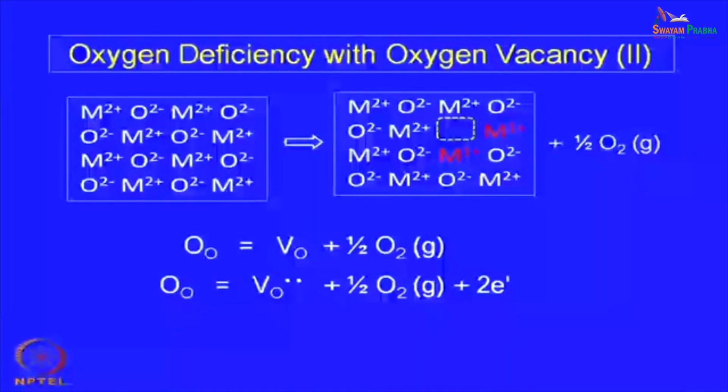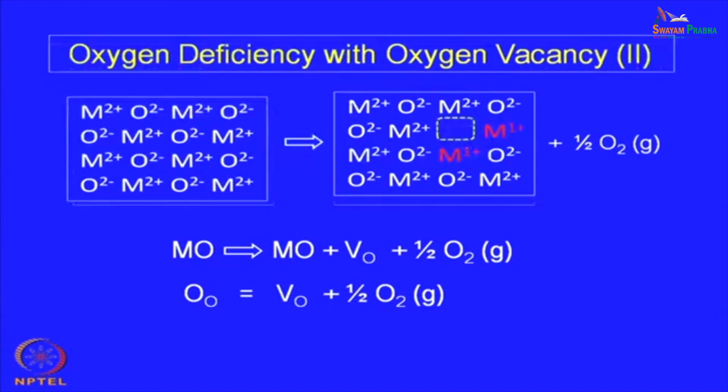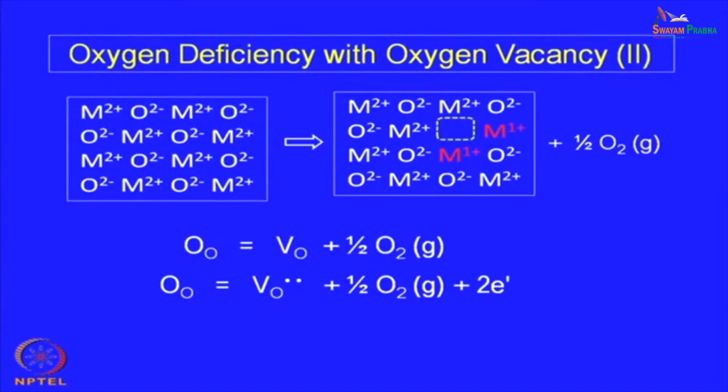Oxygen deficiency and oxygen vacancy are the same thing. Now we are talking about a charge defect, which was earlier a neutral defect. Electrons were released, or left behind, at that particular site where oxygen was originally there. Now that electron has become mobile, it has become free, it is not attached to that particular site.